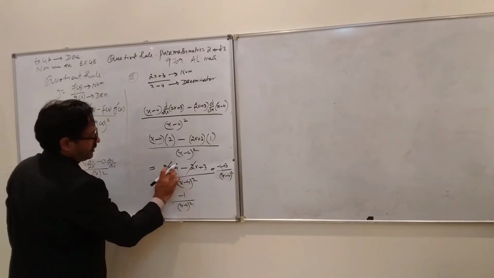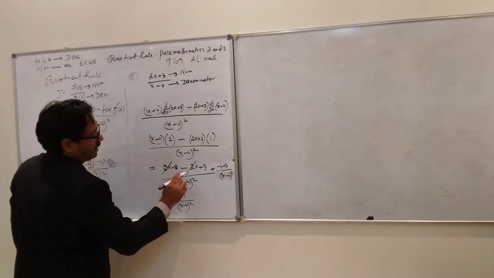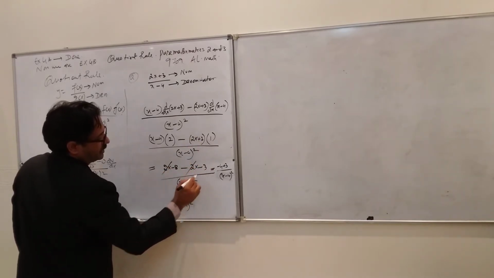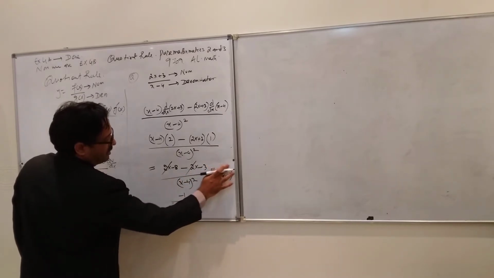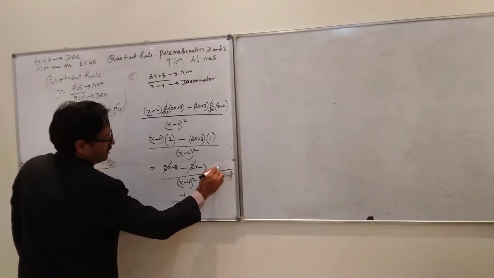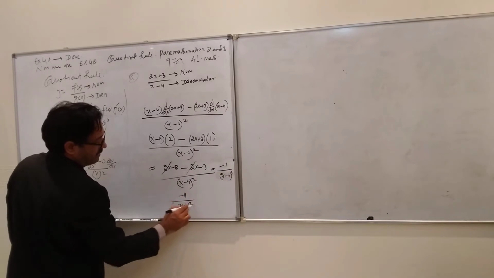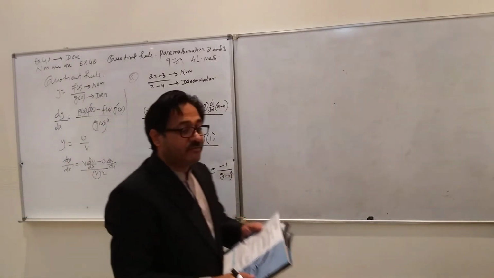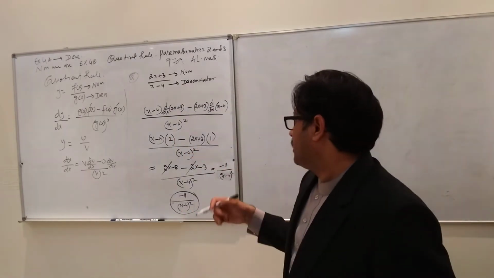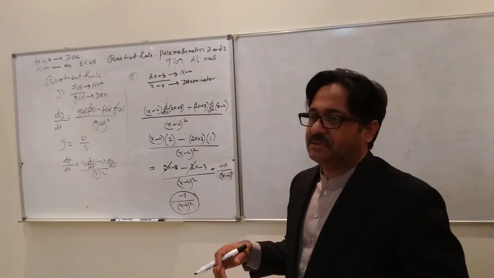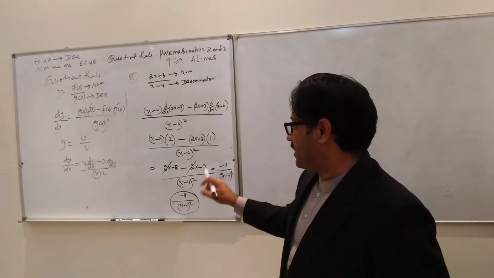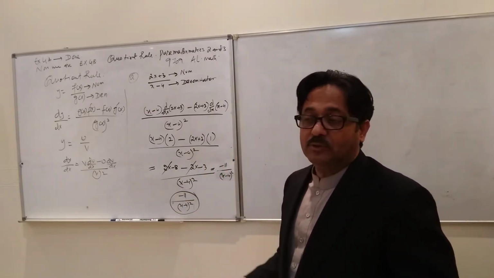One mistake is here, it's minus 8, and here it is minus 3. That's why the answer in the book comes out wrong. So minus 11 over x minus 4 whole squared. We should be very careful about this working, plus and minus signs and multiplication, because a small mistake can lead to losing marks in the question.